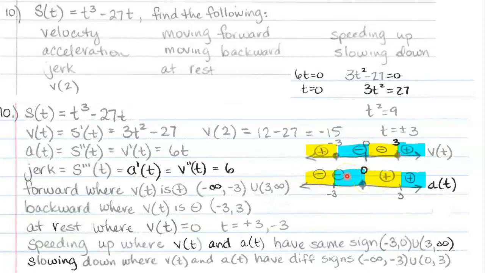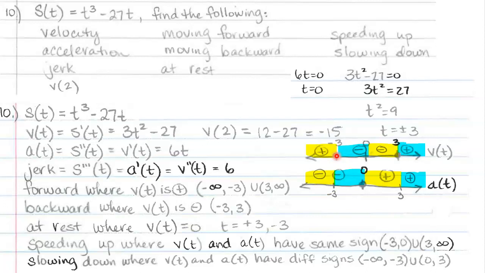So again, all I've done is just added a few signs just to make it a little bit easier to compare. All right, so you can see that if we look at this first piece from negative infinity to -3, velocity is positive and acceleration is negative. So they're different, so it's going to be slowing down there.